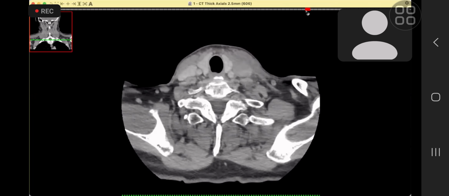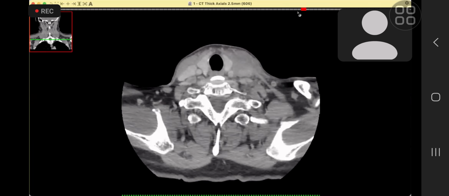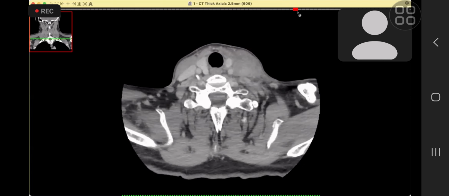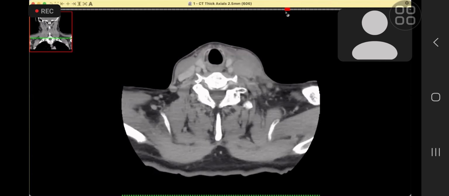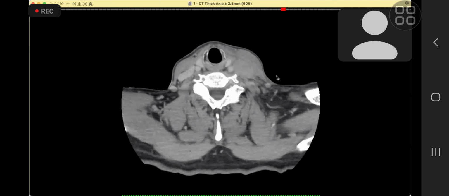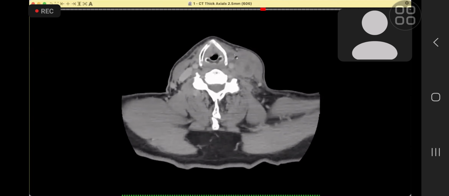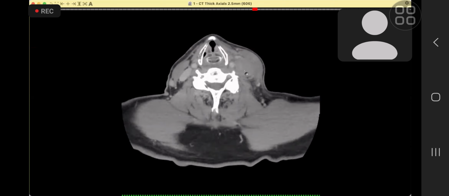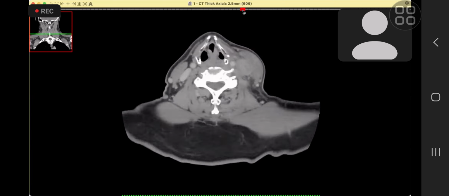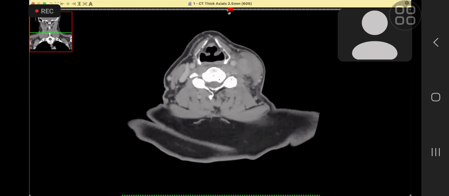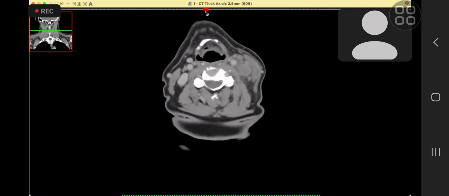This is likely infected in nature, in the background of the history of the patient. I can also appreciate that the sternocleidomastoid muscle has been thickened with associated significant surrounding fat stranding, which is appreciable on the left side of the neck throughout the course of the internal jugular vein.